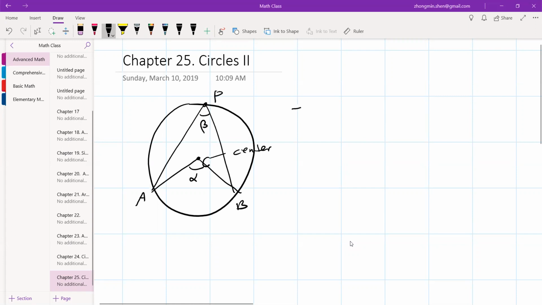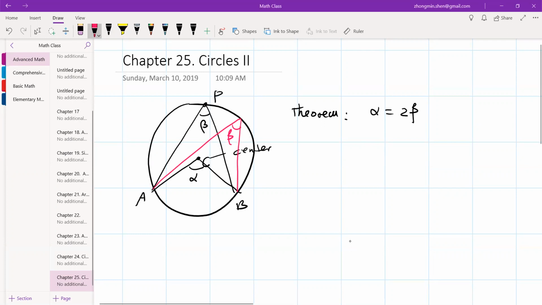The theorem says that alpha is going to be double the angle beta. I'm not going to spend time to prove it, but this tells you if you fix points A and B, and then move the point P on the circle, you are not going to change this angle beta.